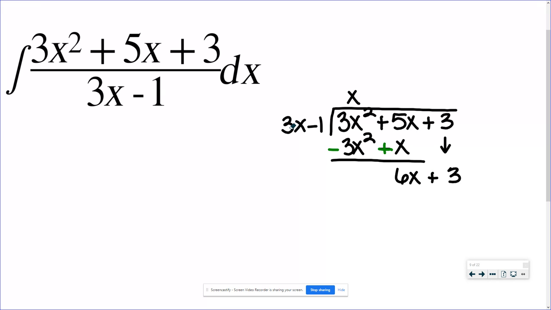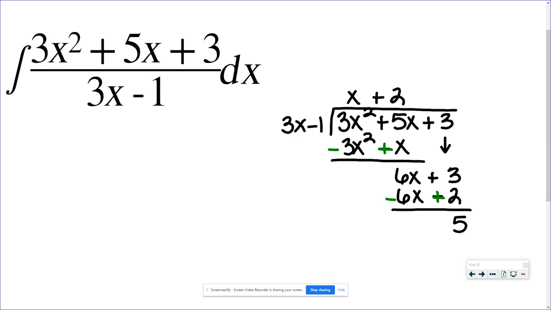Repeat that process. Now see, 3x times what equals 6x? That would be 2. Let's multiply the 2 through the divisor. We would get 6x minus 2. Okay, subtract, which I usually just do by flipping the signs, and we get 5. And then we're stuck because we have no more possible ways to divide.